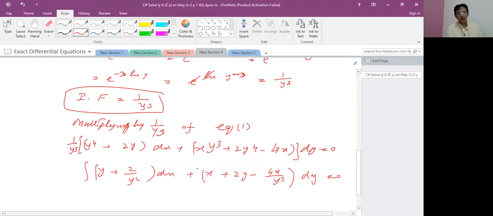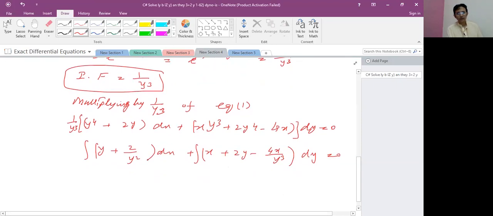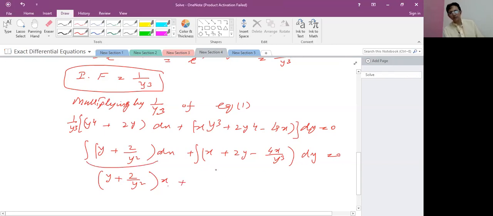Then we apply the integral sign and find the integral with respect to x, because y is a constant. So the integral of (y plus 2 upon y square) dx is xy plus 2 times x upon y square. Because it is constant, the integral of dx is x, and the integral of y is xy.